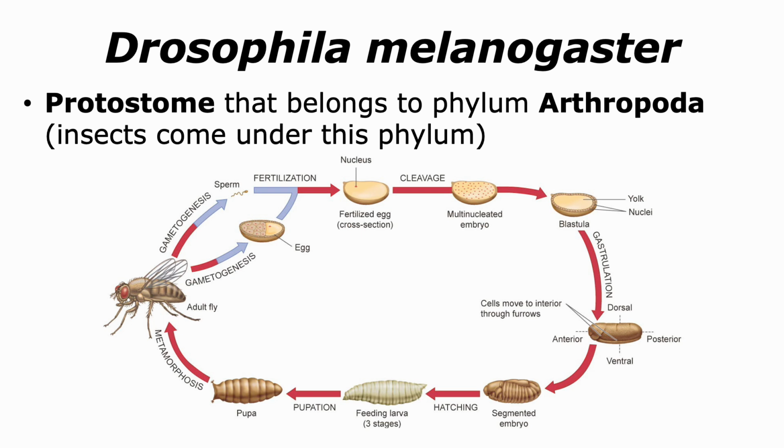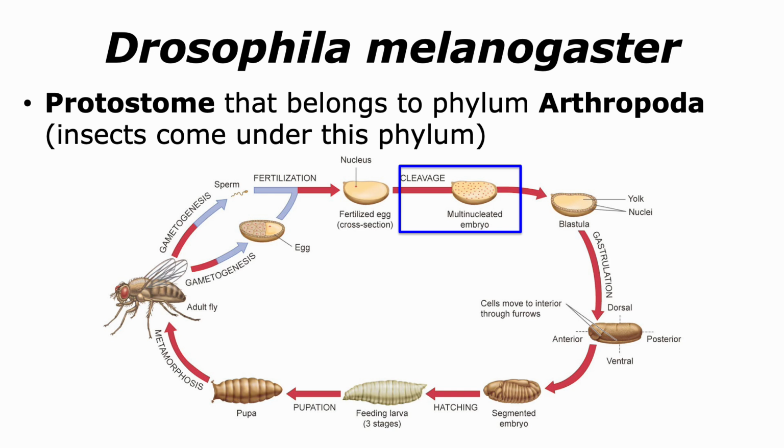In the case of Drosophila, the egg and the sperm fuse to form a zygote, and that zygote then undergoes the process of cleavage to form a multinucleated embryo. The cleavage is superficial cleavage, and hence it is a type of meroblastic cleavage.